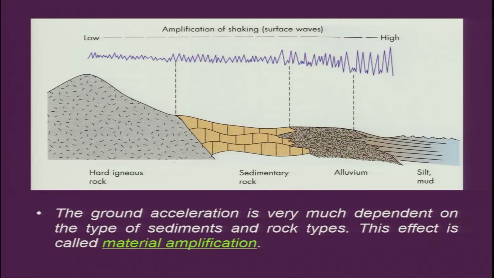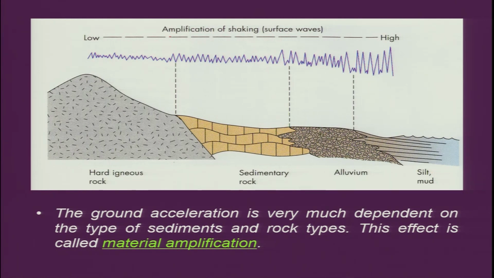So, after a brief understanding of the occurrence of earthquakes, their depth, and the type of faulting, the geology also plays an important role in seismic hazard. If you have different lithology, for example, it has been shown here that on the left you have hard rocks, igneous or massive rocks, then sedimentary rocks, and then alluvium, and then finer alluvium here.